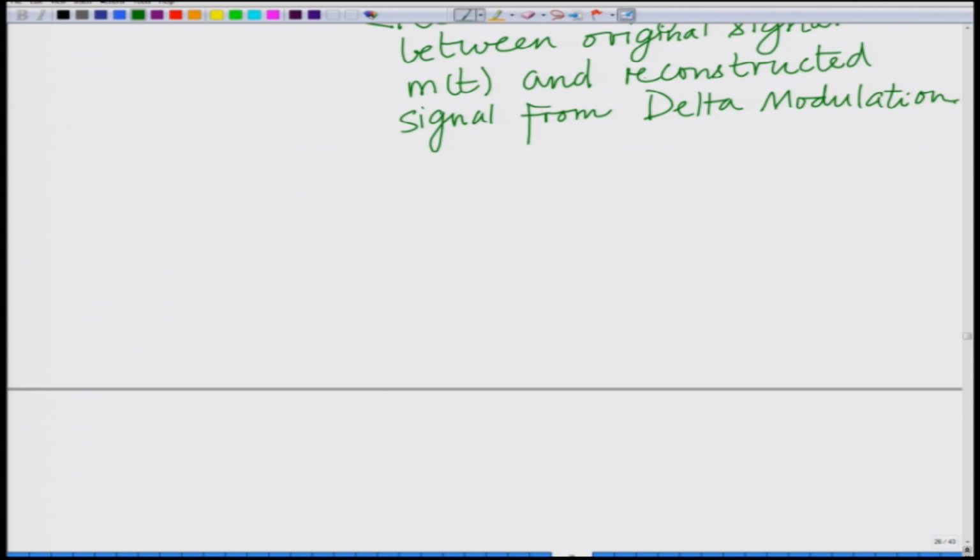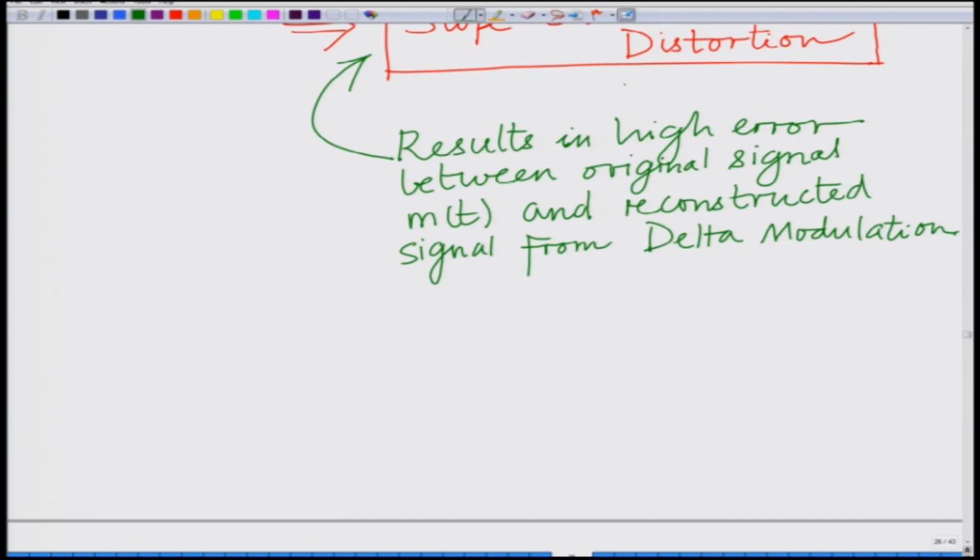It leads to a very high error between the original signal and the signal reconstructed from the delta modulation.